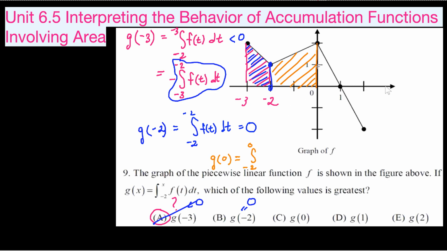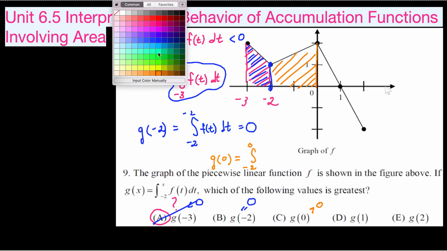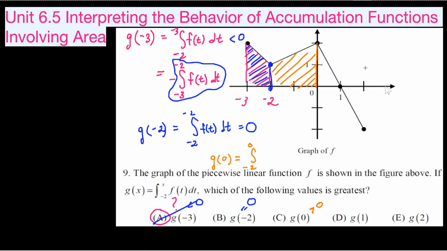Now I could put greater than 0 for C, and then let's look at g of 1 and contrast it with C. Well, g of 1 is the integral from negative 2 to 1 of f of t dt, of course.